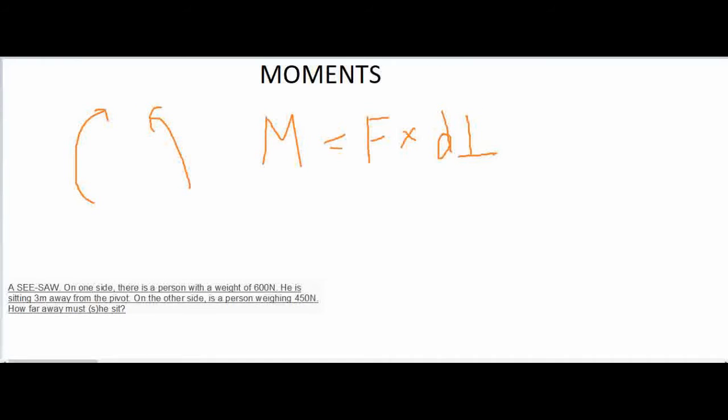Now you have to differentiate this from the equation of work, which is force times parallel distance. What this means is that when we're working out the moment of a force, if the force is acting upwards, we would measure the distance of the pivot to the left or right of that force. So whichever direction the force is acting, you have to measure the distance perpendicular to it to get the correct moment.